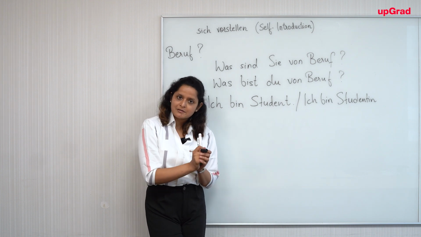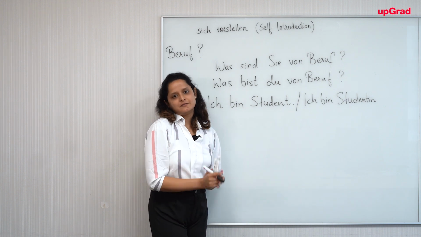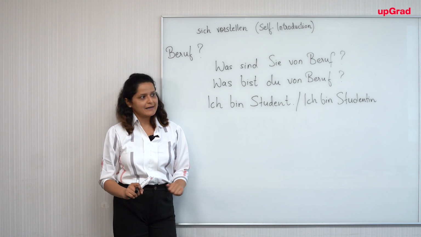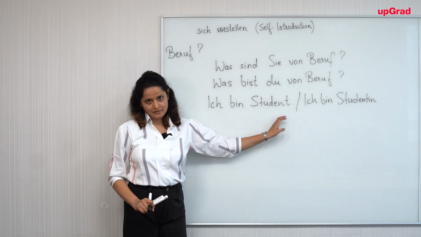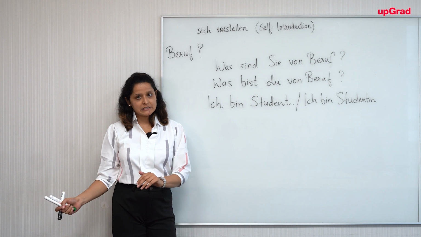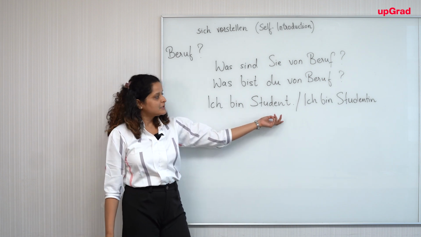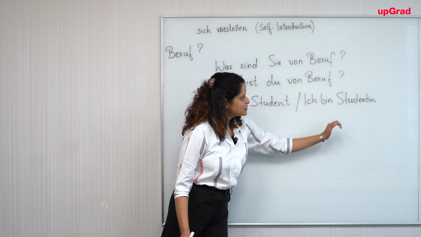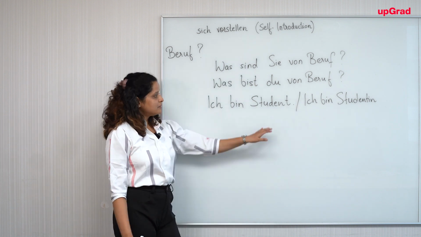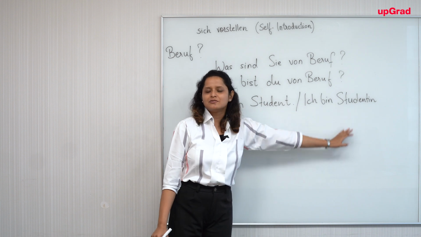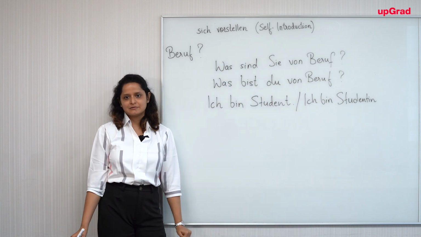If you are a woman in the same profession, there is another word for it. So if you are a student and you happen to be a guy, it is ich bin Student. If you happen to be a girl, for the same profession, that is, you both are students, but here the word becomes Studentin. So remember, masculine, der Student, feminine, die Studentin. You can skip the article when you are using professions.